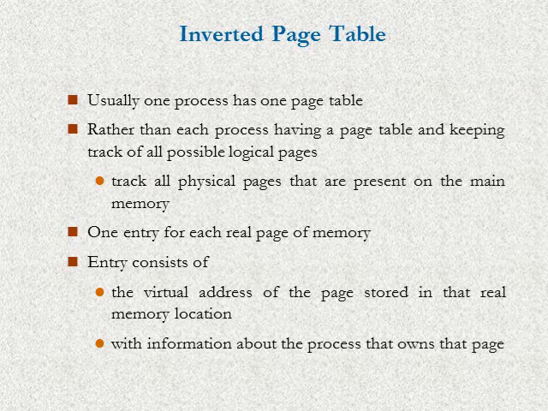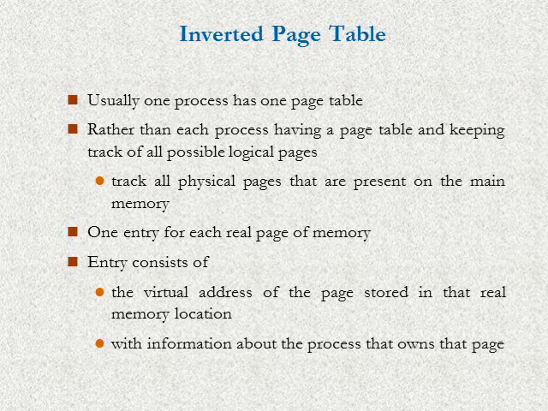And to address this in terms of multiple processes, we have the process ID associated with it as well. So now the inverted page table has the process ID, page number, and the actual frame number where this page is present in the main memory.